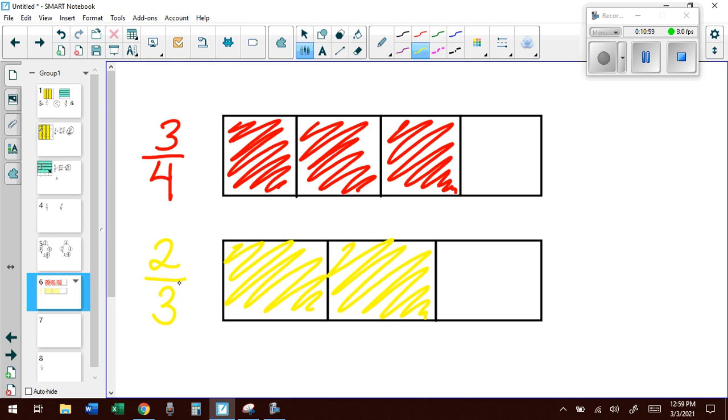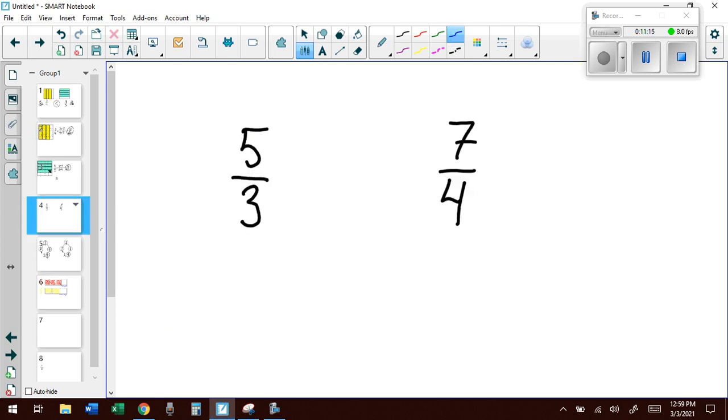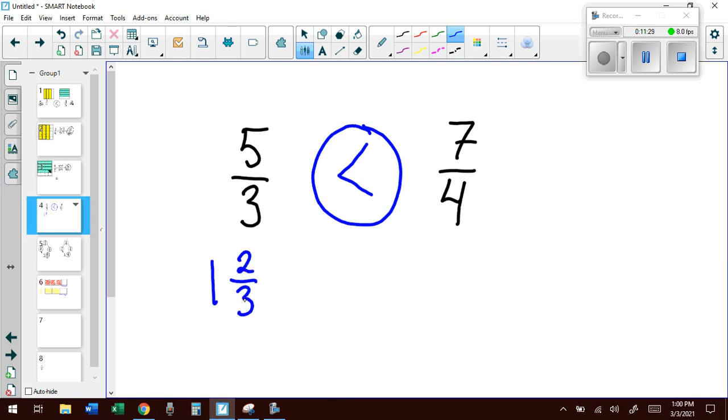Well, this is one big piece away from one whole, and this is one small piece away from one whole. So definitely the size of these pieces make the determination. So if we were comparing 5/3 to 7/4, 5/3 is less than 7/4. Or 1 2/3 is less than 1 3/4.